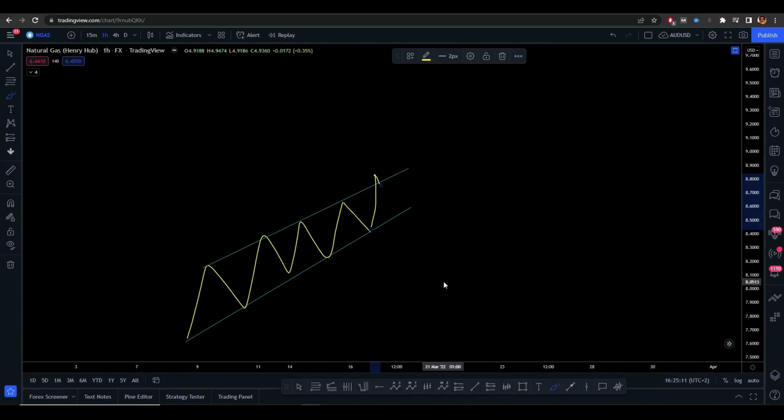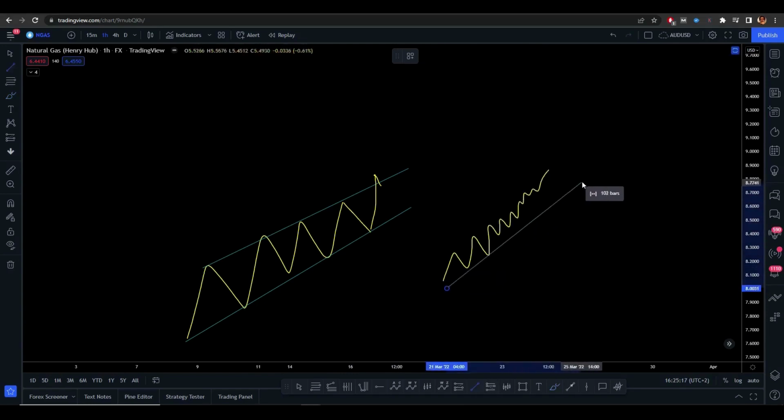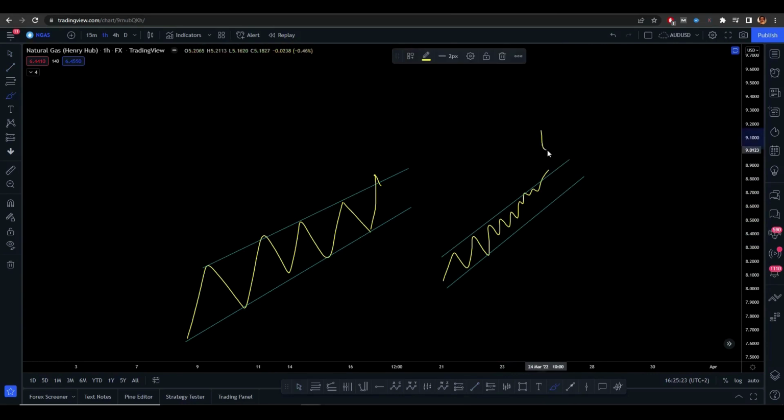So if we have a channel that is way steeper, something like this, and we get a break of the return line, and an increased volume, there's a high probability that the trend will reverse. Exhaustion can also occur when a price rallies briefly above or below a normal trend line.